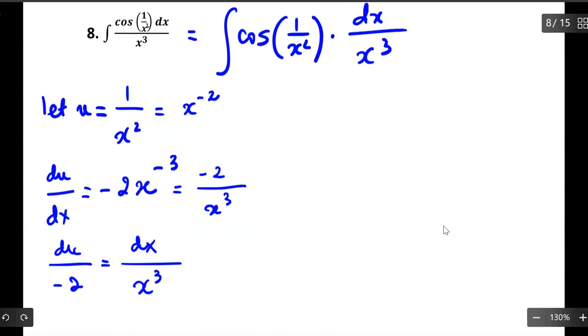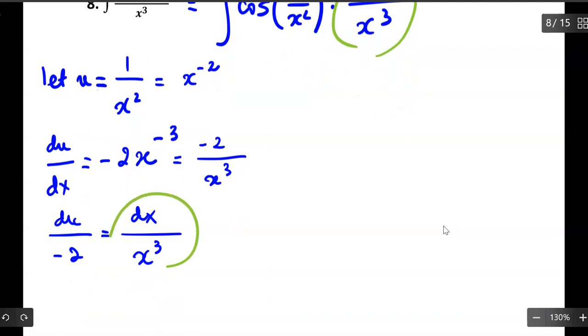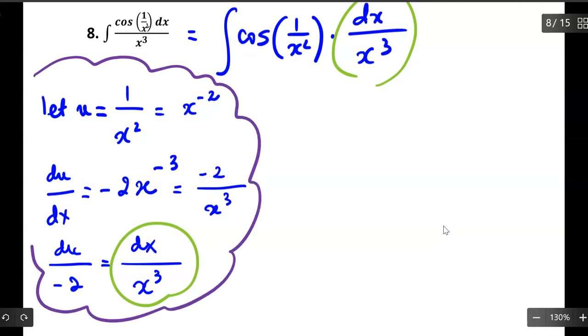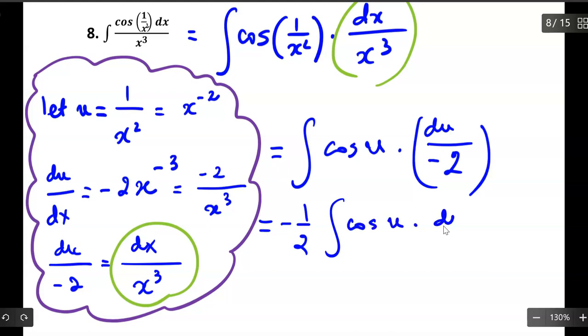Now I have this matching this exact one, and I'm done with my differentiation and manipulation of the ratio. So what I have here is the integral of cos of u, and then du divided by negative 2. Bring this across the integral sign. I should have negative half, and cos of u du.